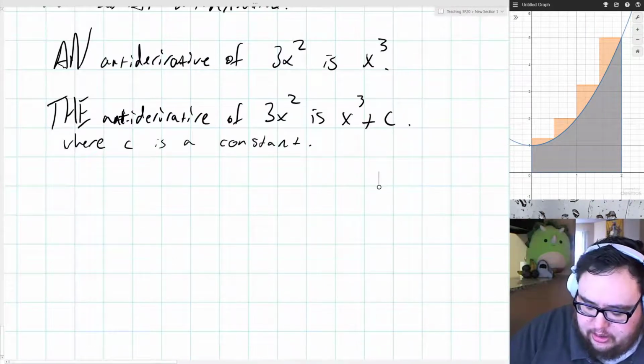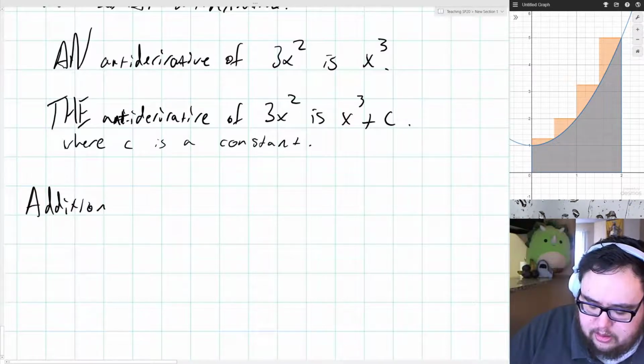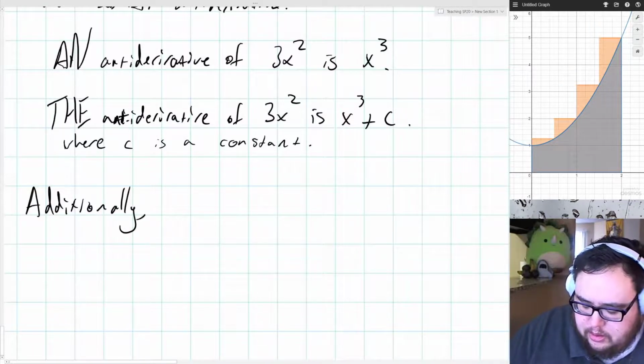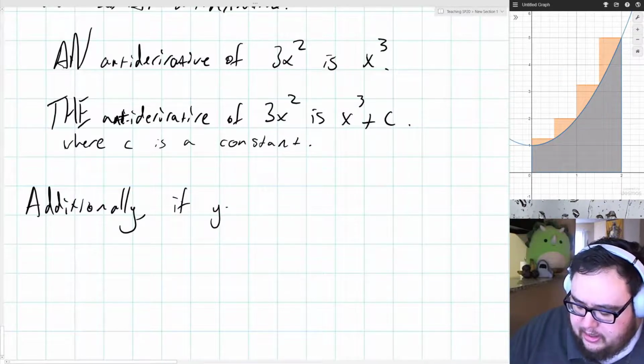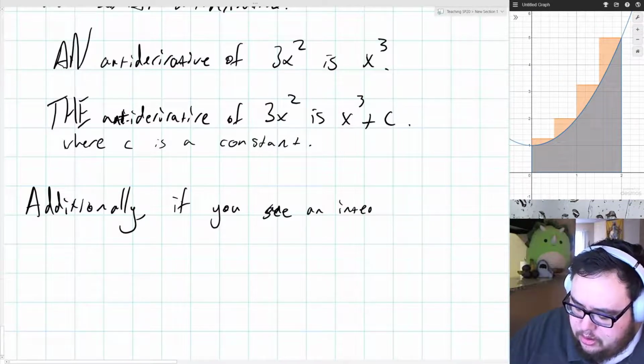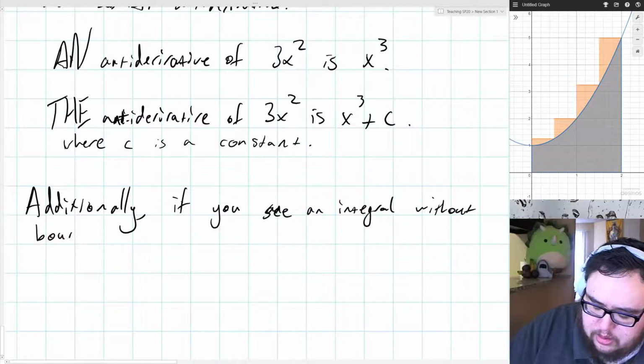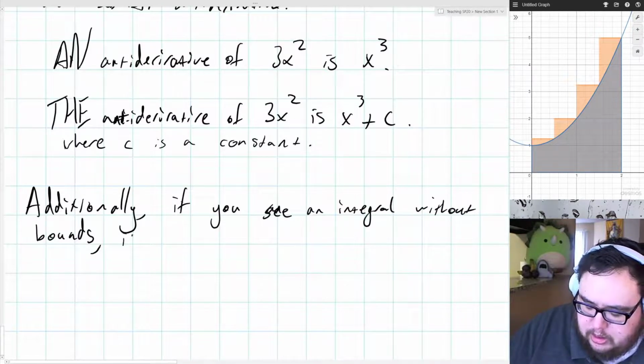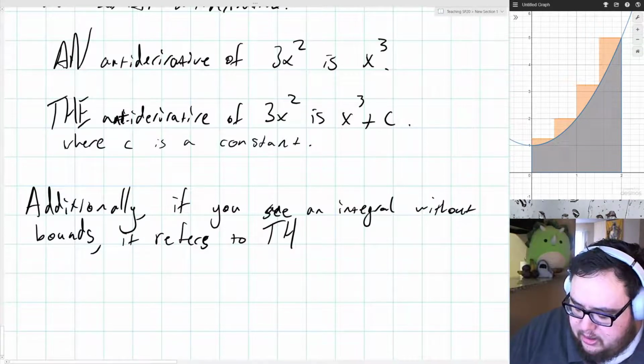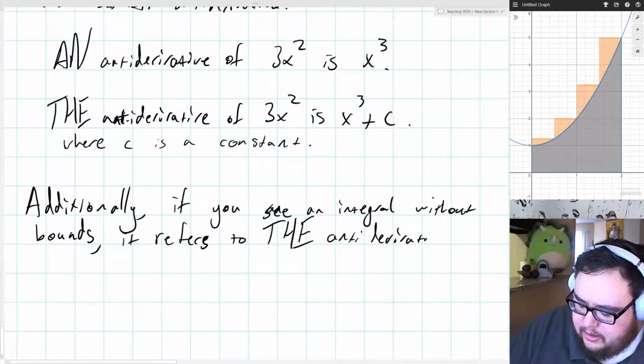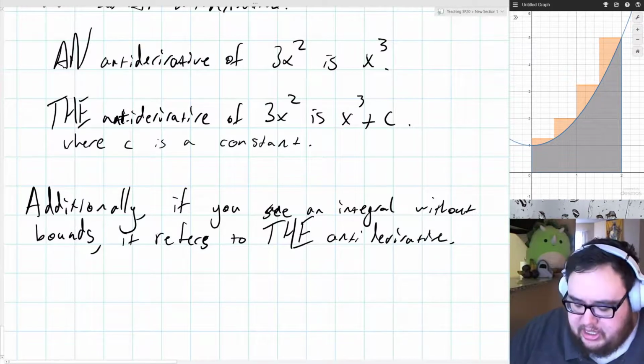So additionally, if you see an integral without bounds, it refers to the antiderivative and must always have a plus c at the end.